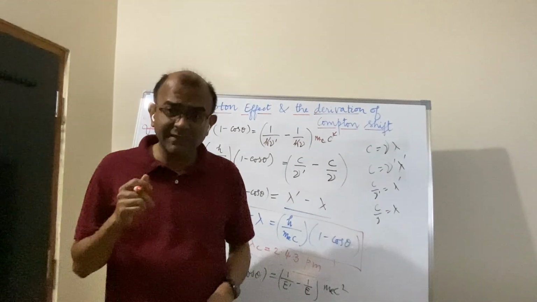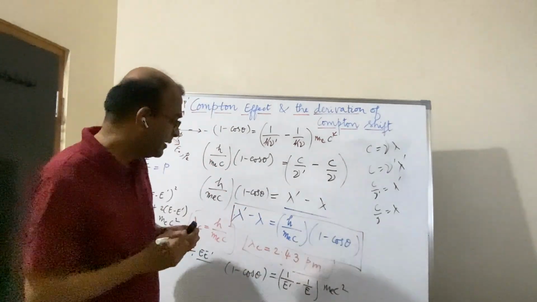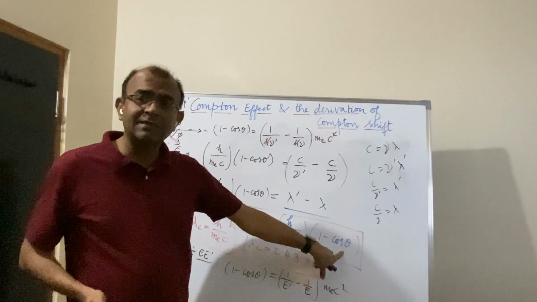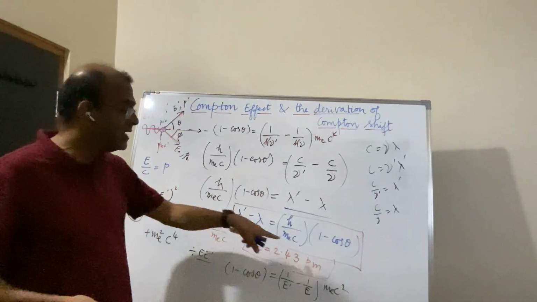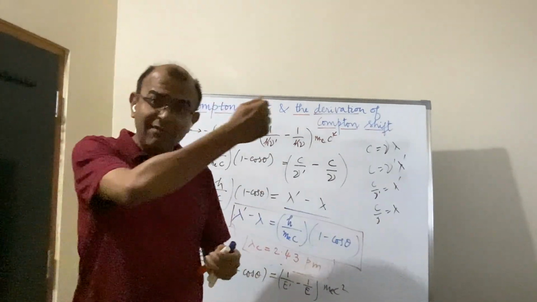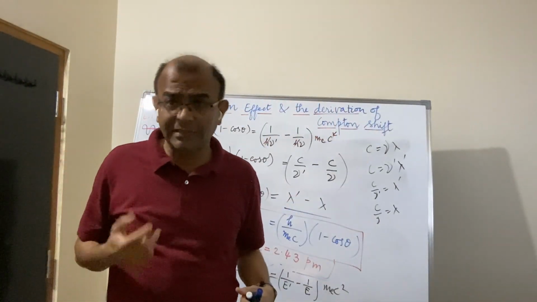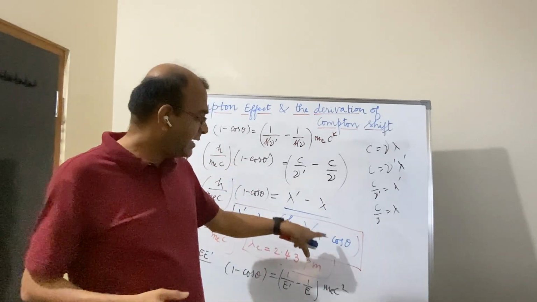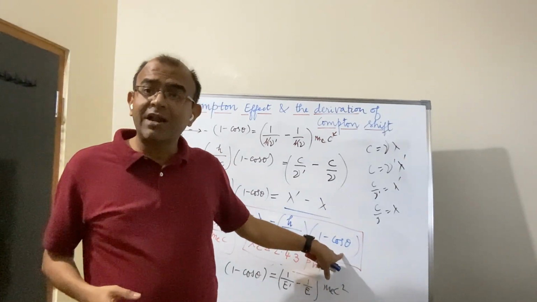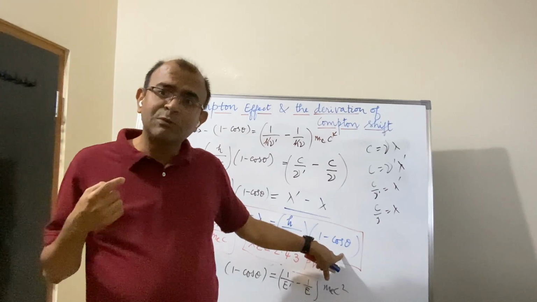And because it is such a small number, even when theta is 180 degrees in the scattering, that is, even if the photon hits the electron and returns back in the same direction, that is also considered as scattering. That time the angle would be 180 degrees. Cos 180 degrees is minus 1.